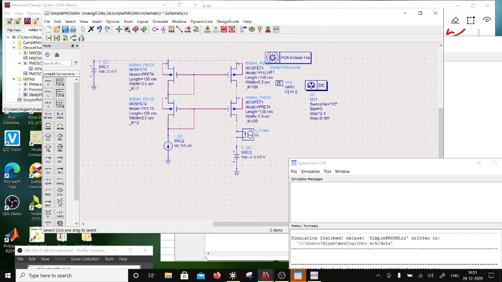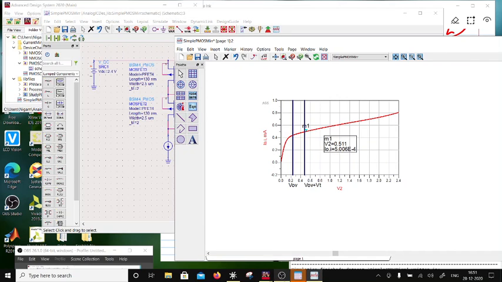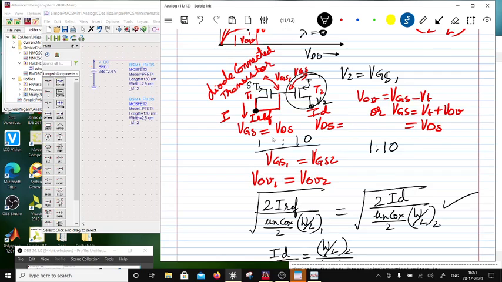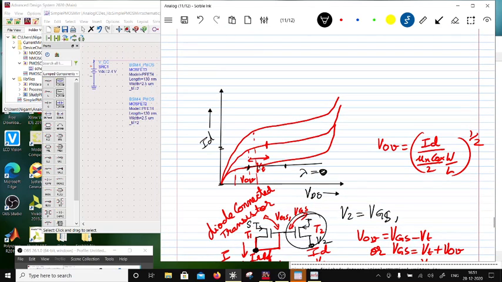Now if I simulate this, I'm going to have the same resistance placed over here, but that resistance is not going to drop a lot of voltage, right? You remember I told you, what is the difference between a resistance and a MOSFET?